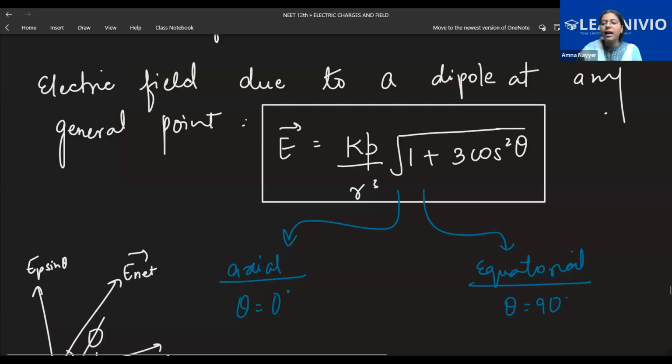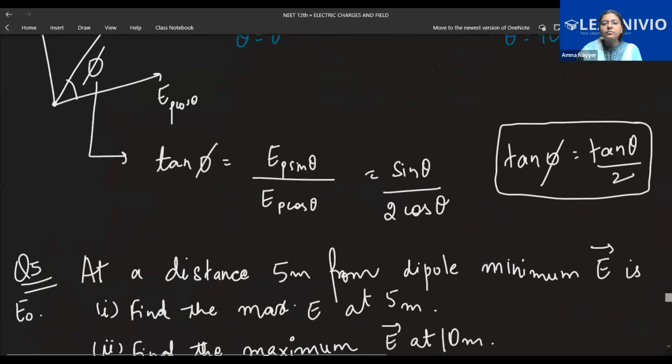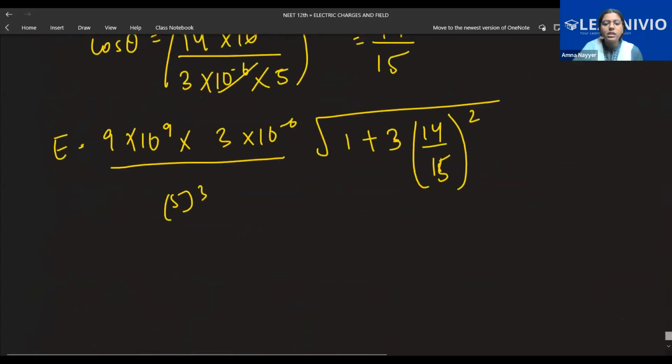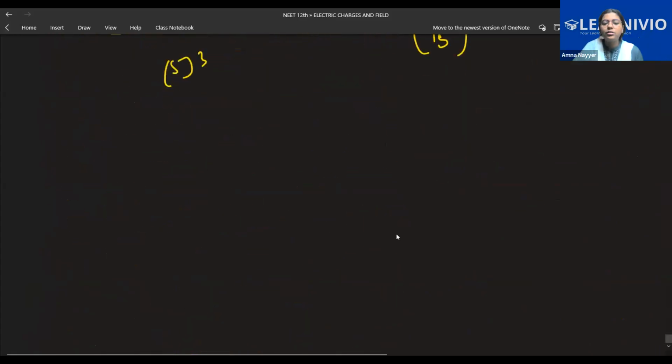From here, you can get the values of equatorial and axial also. Then we also saw that tan phi and tan theta have a relation: tan phi is equal to tan theta by 2.